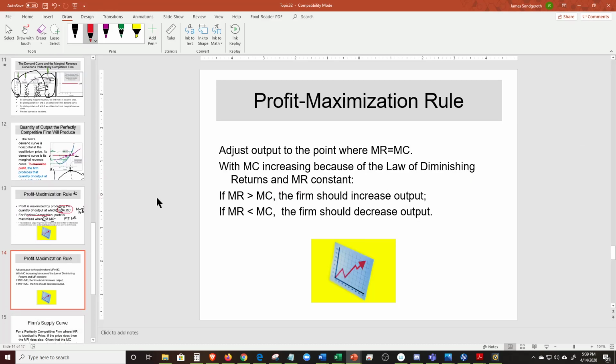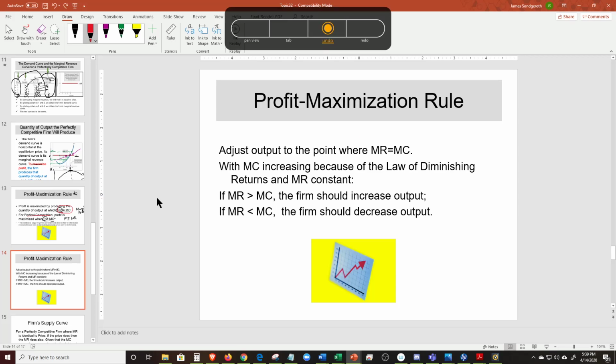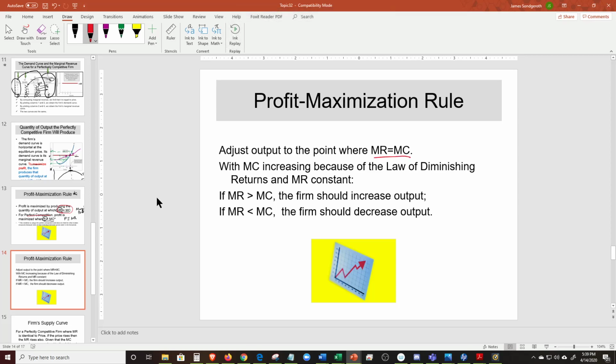So here it is. The profit maximizing rule is to adjust output to the point where marginal revenue equals marginal cost, with marginal cost increasing because of the law of diminishing returns, and marginal revenue constant. If marginal revenue is greater than marginal cost, the firm should increase its output.